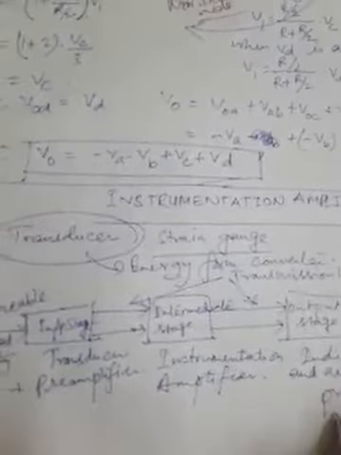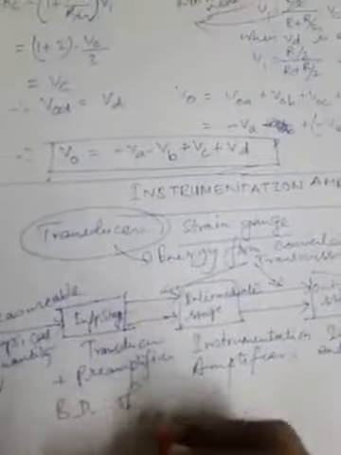That means the output stage. The intermediate stage is the instrumentation amplifier, the output stage is the indicator or display, we can say, and the automatic process controller, which will control this whole process. So this is the block diagram of an instrumentation system.